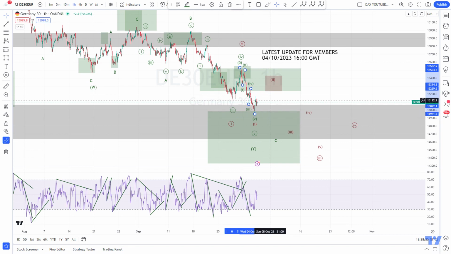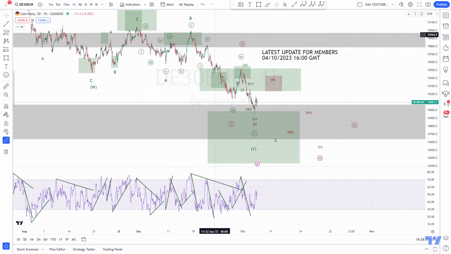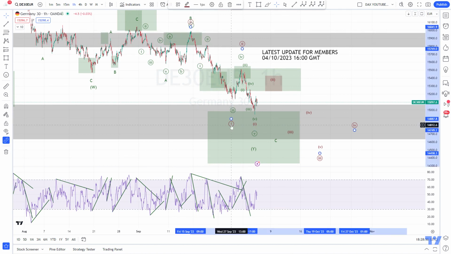Now, the alternative scenario would be like you see. The alternative scenario is the scenario of an extended C wave. And then I believe this is the wave 1 of the wave C. So in red now, the wave 2 of the wave C. We can have another wave 1 here.